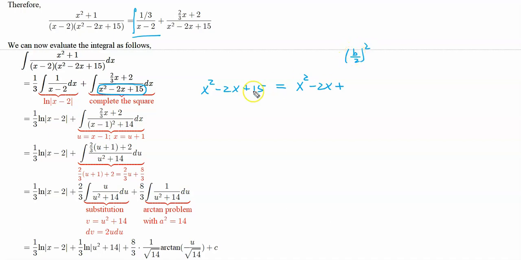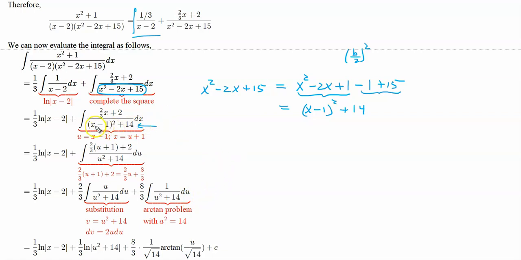In this case, the b is -2, so squaring that, that's going to be 1. Subtract it back out so you don't change anything. And you see what you get here now. This is going to be x minus 1 squared plus, and what's remaining here is 14. All right, so that's what we have. So you see we completed the square on that.